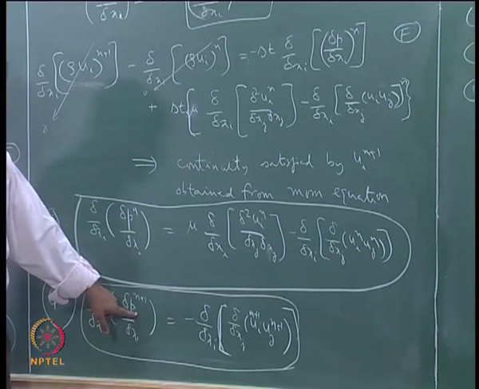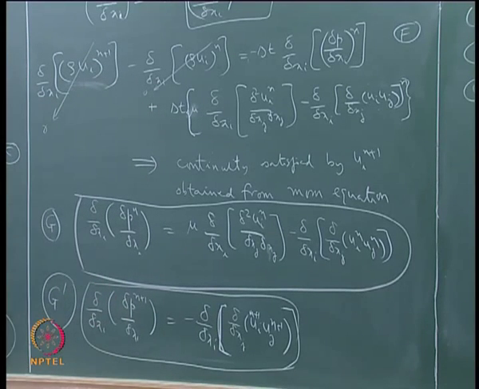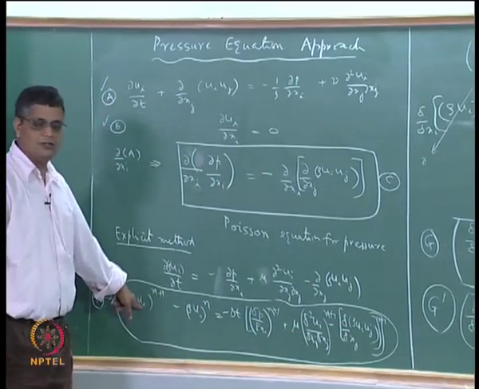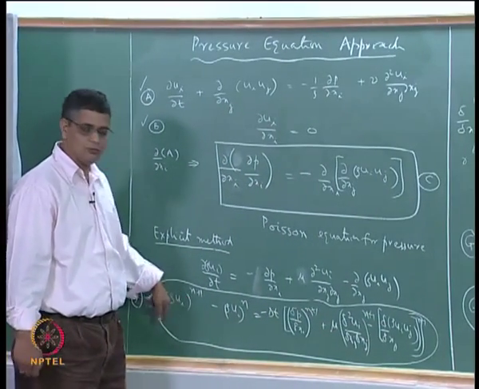That will give you a new value of pressure here, and again put the pressure and the new value of velocities that you have got to get another value of velocity.